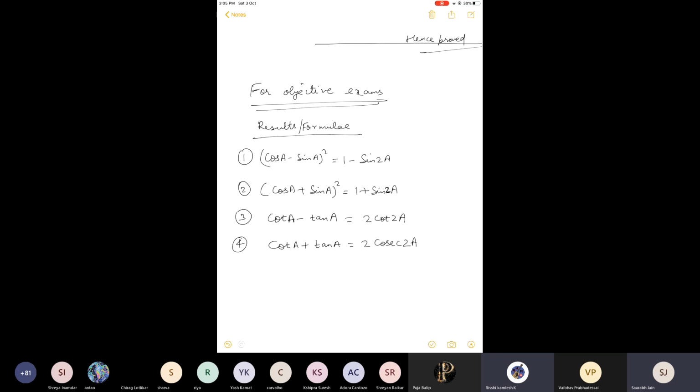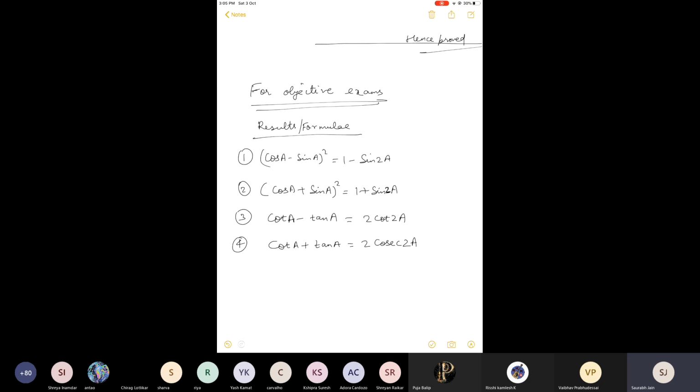First one, you can speak up. A minus b the whole square identity. Okay, fine. So when you will use a minus b whole square in the first result, what will happen? Can you tell me what will be the expanded form? On expanding, you will get cos square a plus sin square a minus 2 cos a sin a.